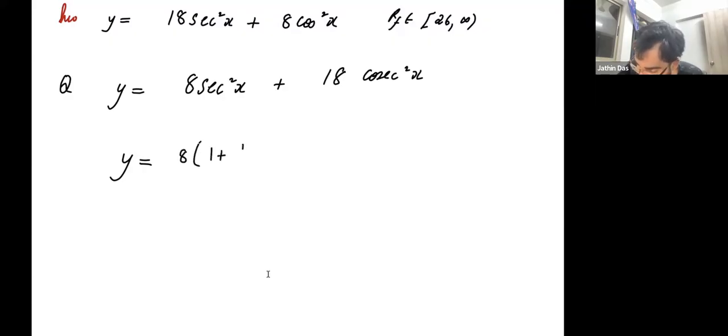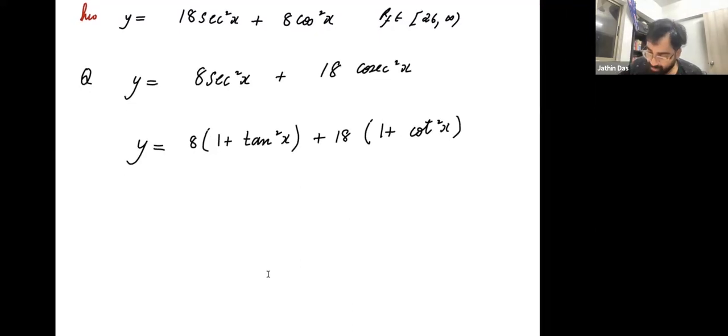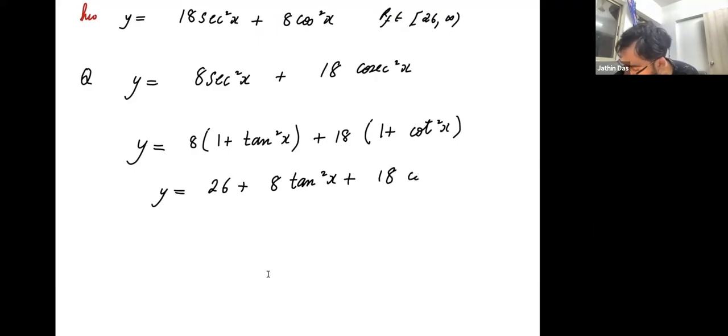So 8 times 1 plus tan square x plus 18 times 1 plus cot square x. So y is equal to 8 plus 18, 26, plus 8 tan square x plus 18 cot square x.